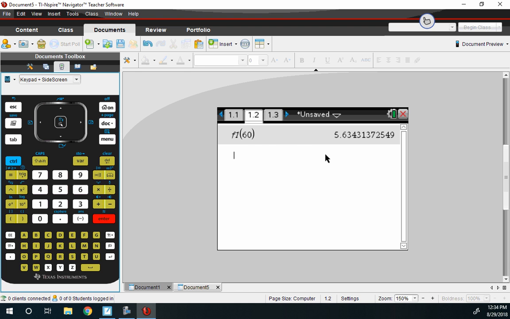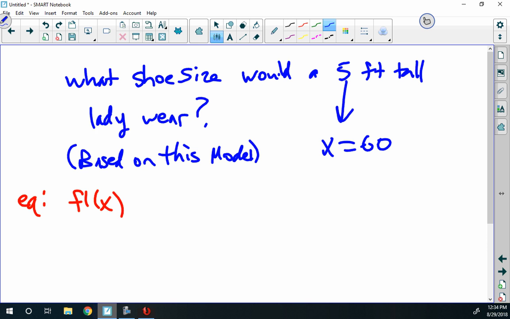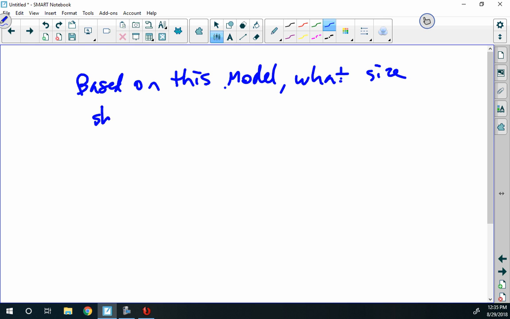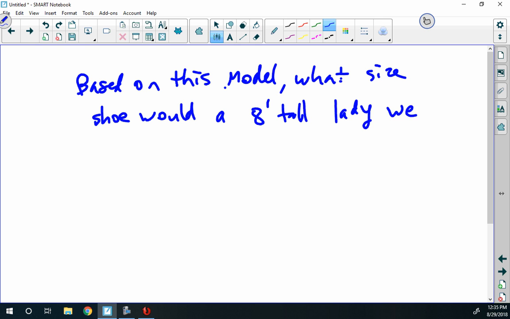One more thing and then we out. Based on this model, what size shoe would an 8 foot tall lady wear? Oh my gosh, no, no. I asked the question wrong.